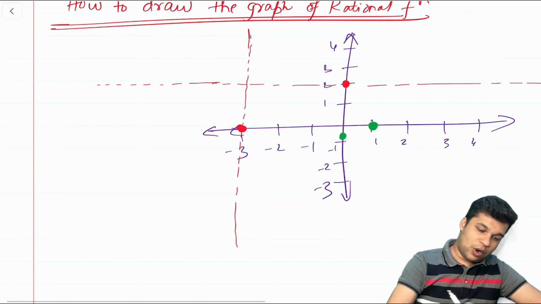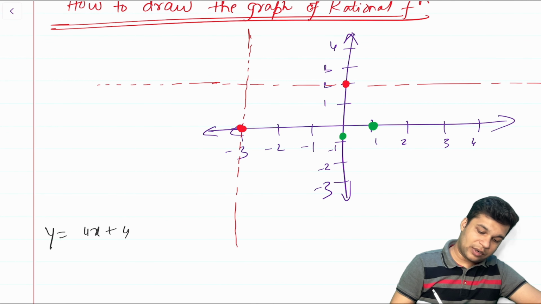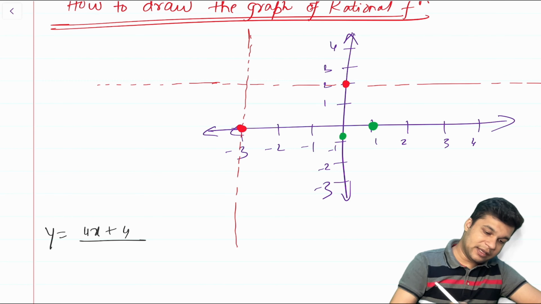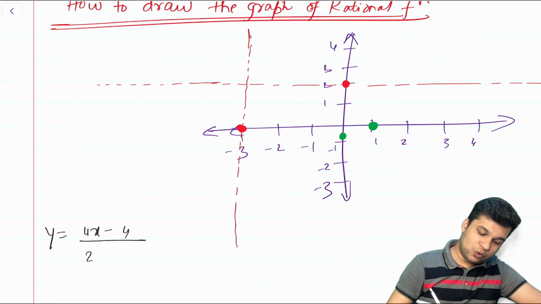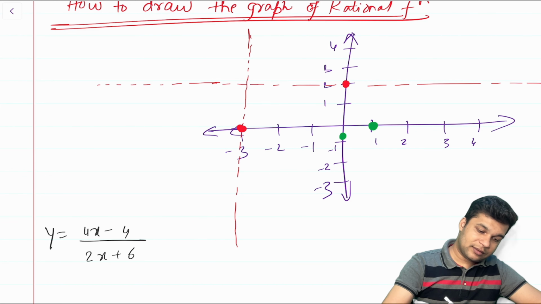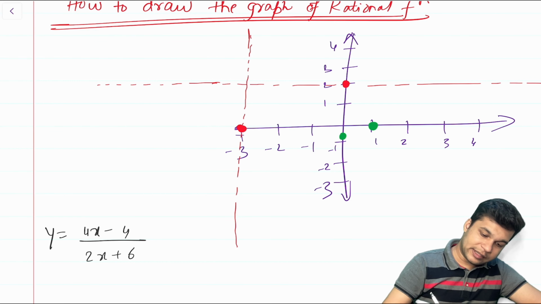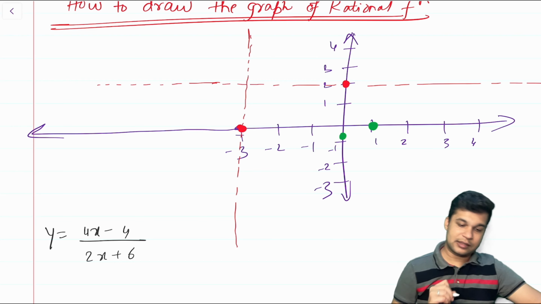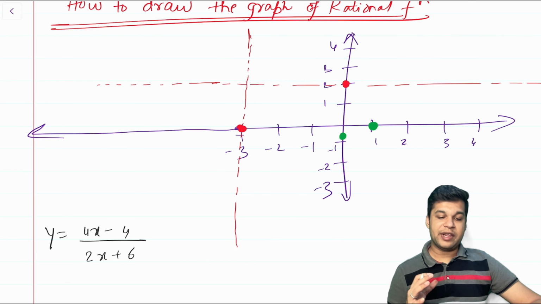Your function was y equal to 4x minus 4, my bad, 4x minus 4 upon 2x plus 6. Now let me elongate this line as well, so it's something like this. So guys, very interesting.